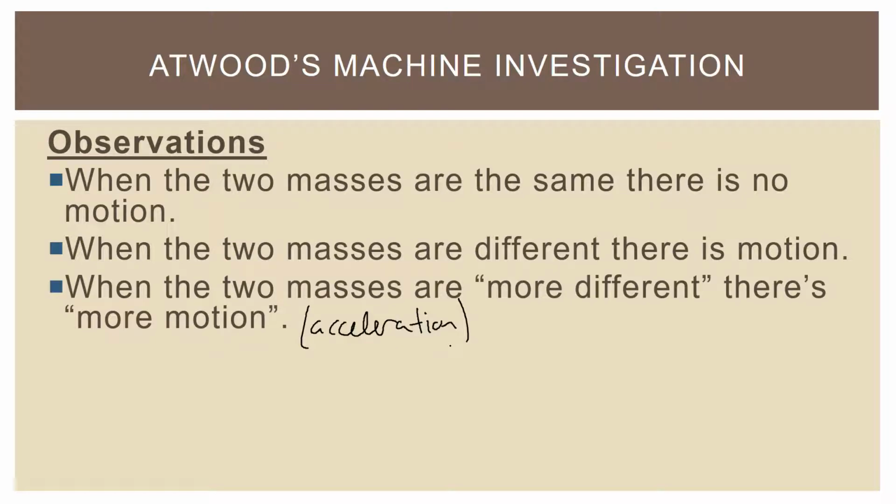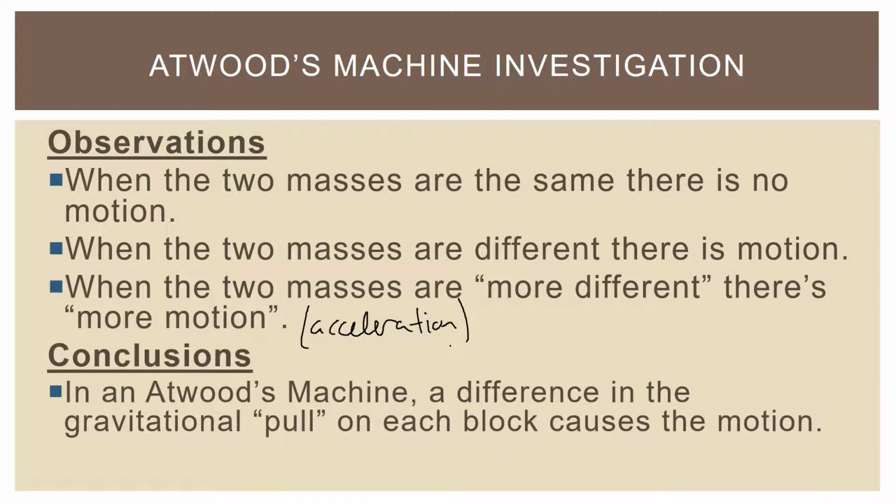But the difference in the mass obviously has something to do with it. If we had to describe that as succinctly as we could, then we can say here, in an Atwood's machine, a difference in the gravitational pull on each block is what causes the motion. In other words, it's a difference in the weights.